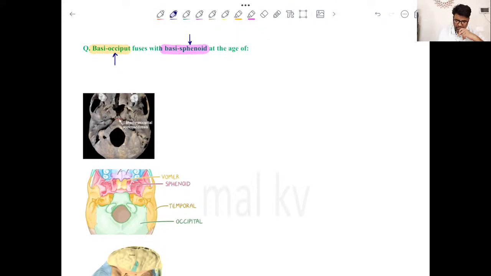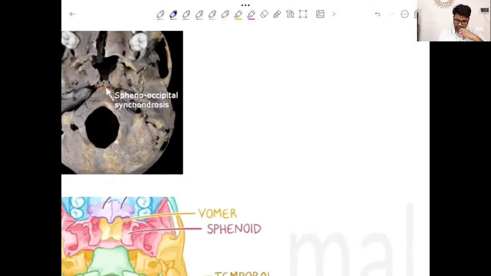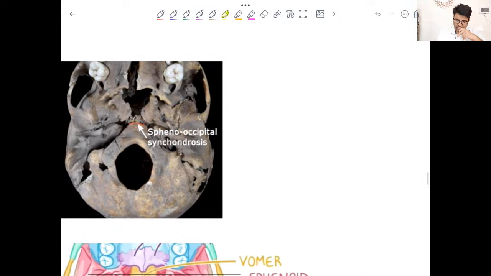Now if you look at the image properly, this is all occiput bone, and this is all sphenoid. So this part is the end of sphenoid, and this is the end of occiput.